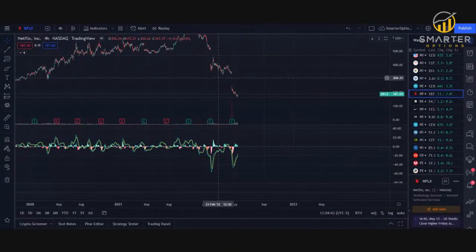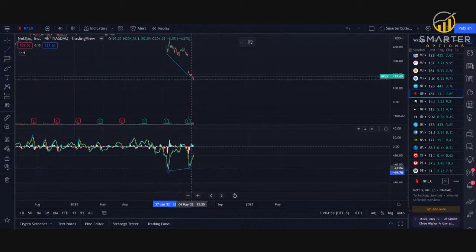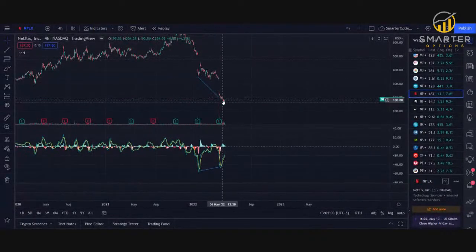This is actually a bullish div setting up right here because we're getting lower lows, but we're getting higher lows on the oscillator. So there is a bullish div setting up on Netflix on the 4-hour chart.